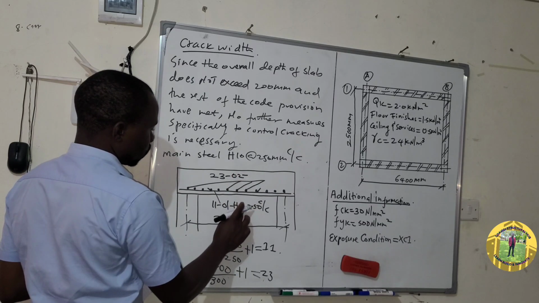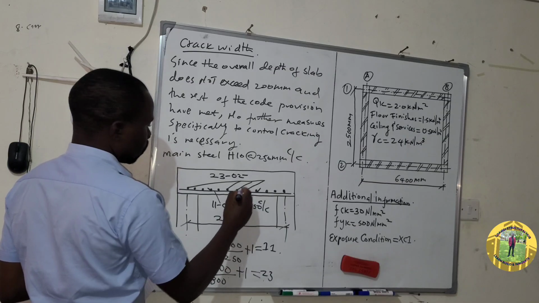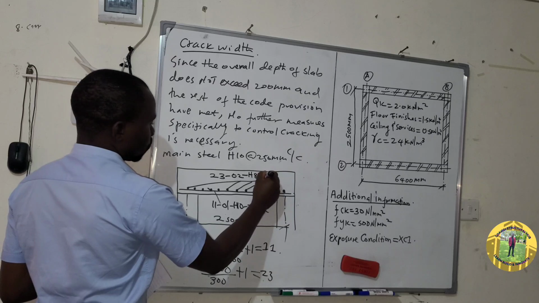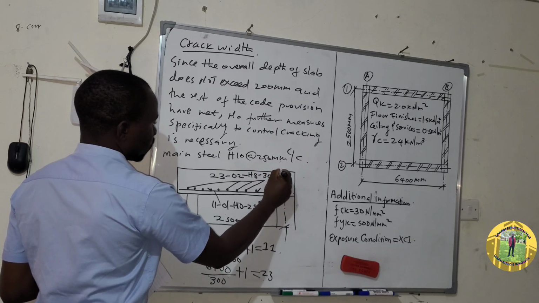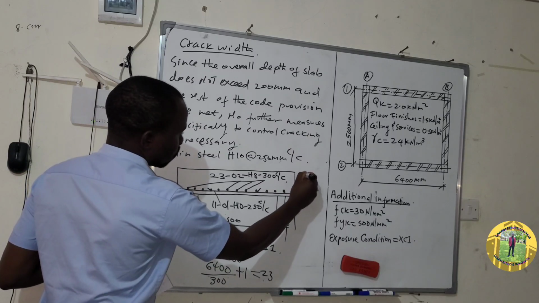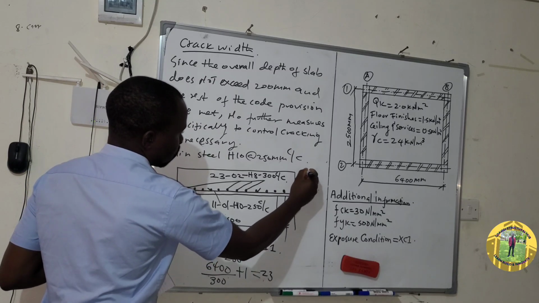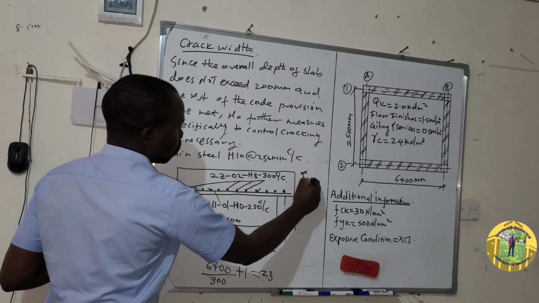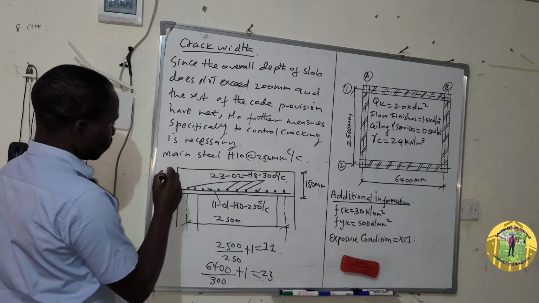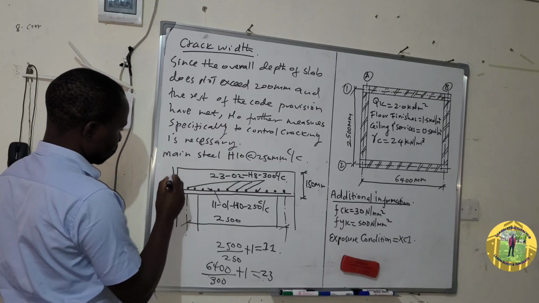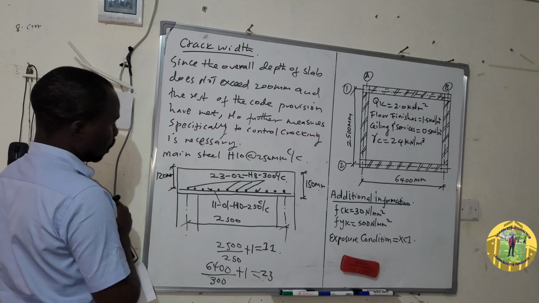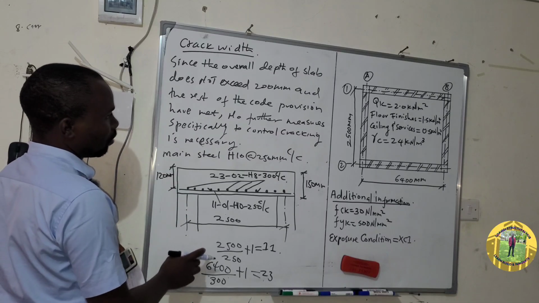This one should be H10, not H8. H8 at 300 center to center. And this distance is equal to 150 millimeters. And this one 120 millimeters. So this is an elevation.